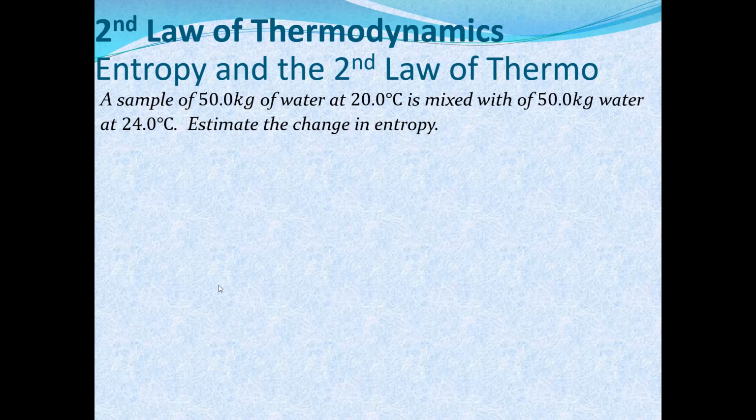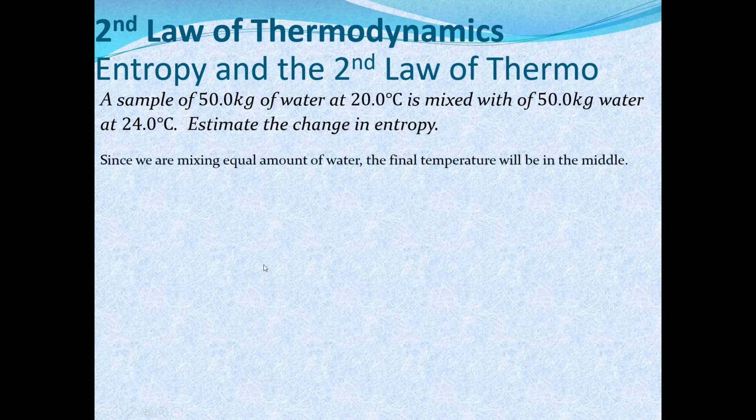So between 20 and 24, the final temperature is going to be 22 degrees Celsius. One thing I forgot to mention is that the temperature in that equation is in Kelvin. Remember, the only time you're allowed to keep something in Celsius is when you're doing a change in temperature.